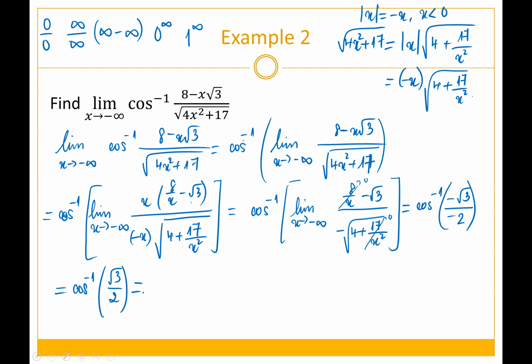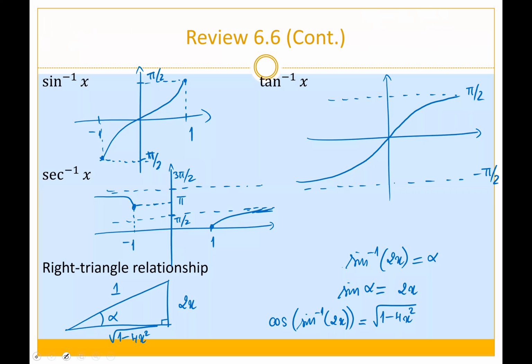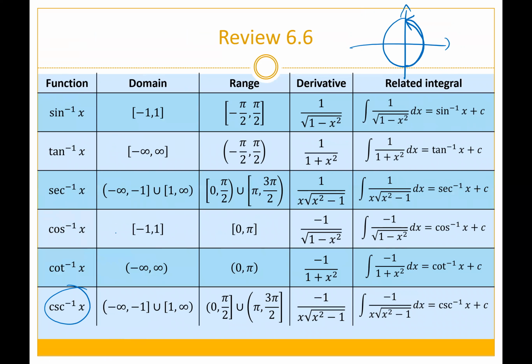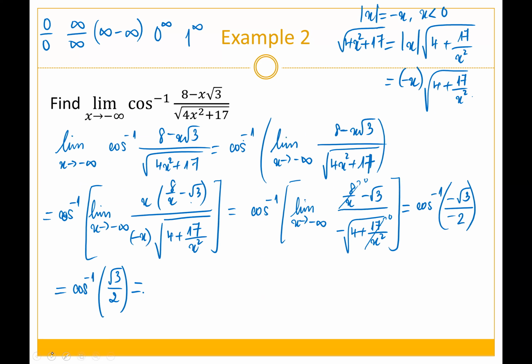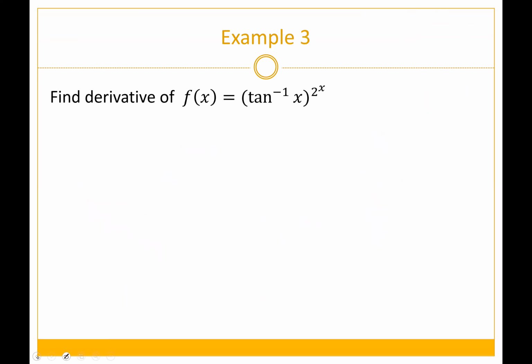So the value of inverse cosine, if we get back to that table, the range is bounded by 0 to pi. So if we draw the unit circle out, the value of cosine, so this is 1.